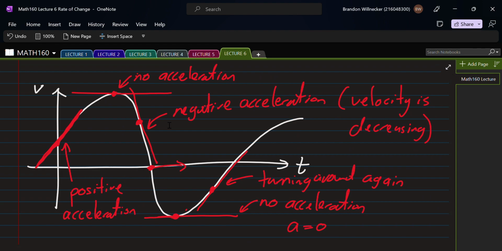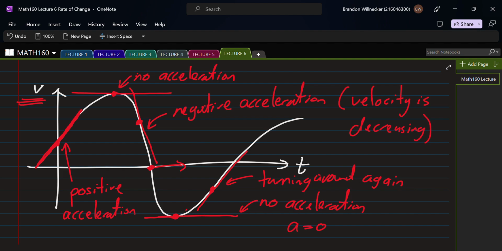Okay, so the tangent lines will have different meanings depending on what graph we're looking at. If we're looking at position, then the tangent lines will be velocity. If we're looking at velocity, then the tangent lines will be acceleration. Okay, so please keep in mind what the graph is. The tangent lines will have different meaning depending on what type of graph we have.